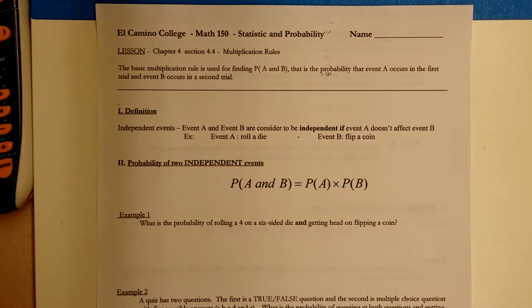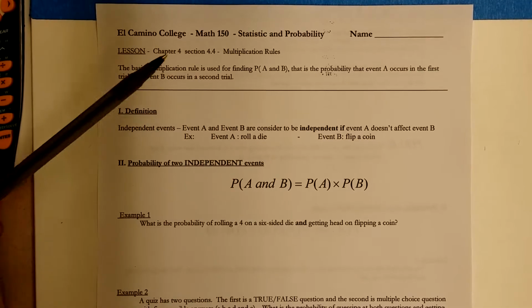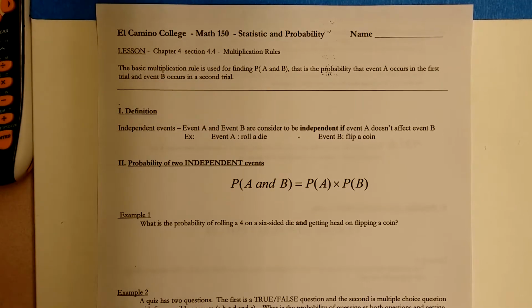In this lesson, we will take a look at how to find the probability of two events, but there's a little bit of difference in what we're doing today compared to what we did the last class meeting.